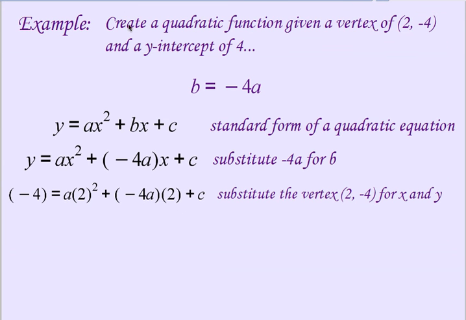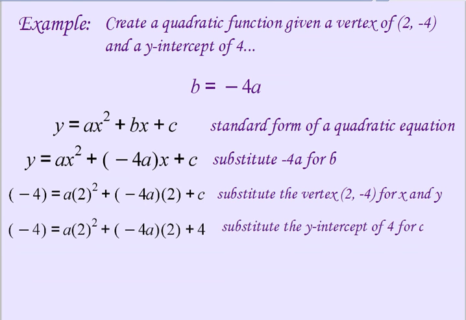And finally, I also have a y-intercept of 4. And where does that 4 come from? It comes from c. So I have one more value that I can substitute into this equation. Now I'm going to do a little bit of simplifying. 2 squared gives me 4, so I have 4a. -4a times 2 leaves me with a -8a.